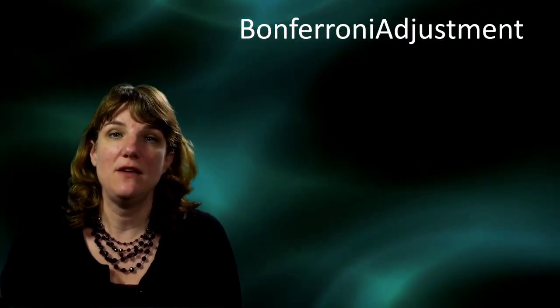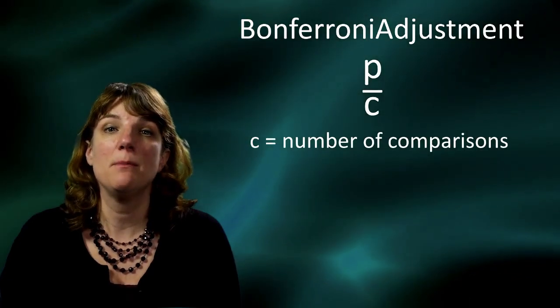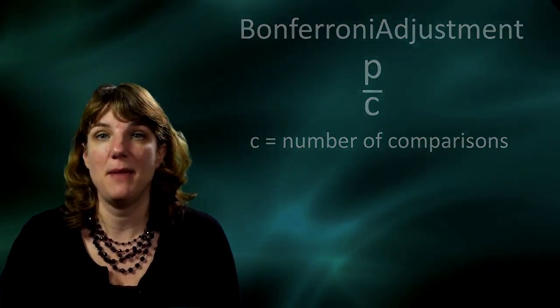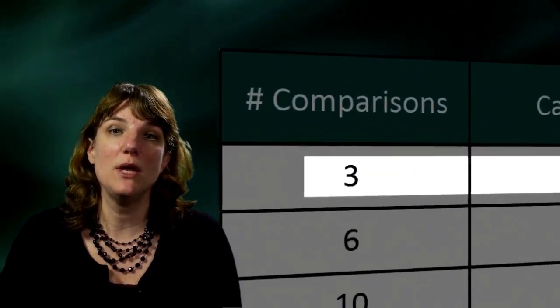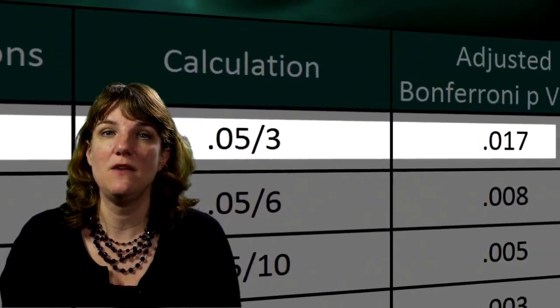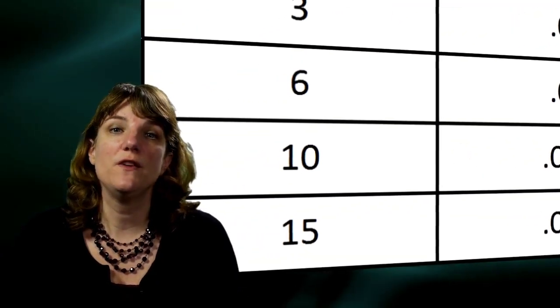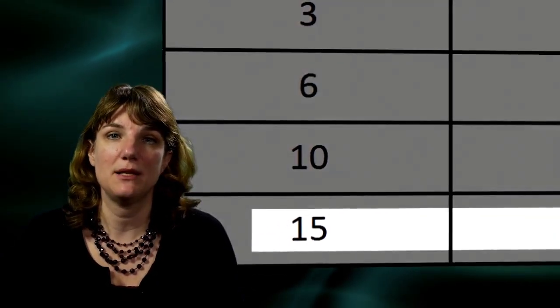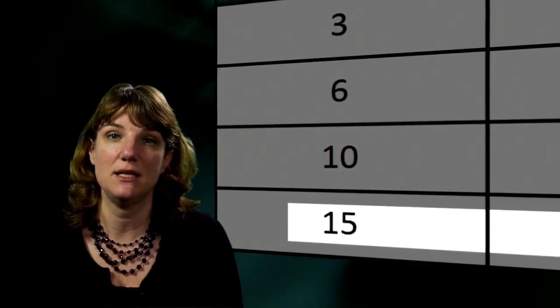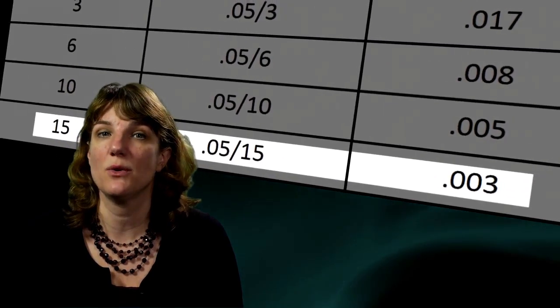The adjusted p-value is calculated by dividing p.05 by the number of comparisons that we plan to make. So if we make 3 comparisons, we would only reject the null hypothesis if the p-value were 0.017 or less. For the 15 paired comparisons that we plan to make to better understand the association between smoking frequency and nicotine dependence, our adjusted p-value is 0.003.